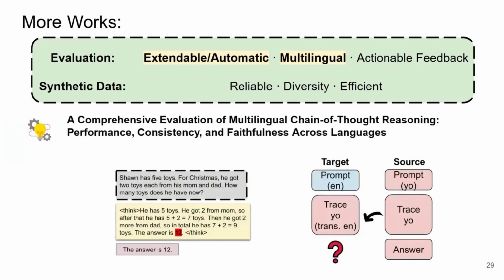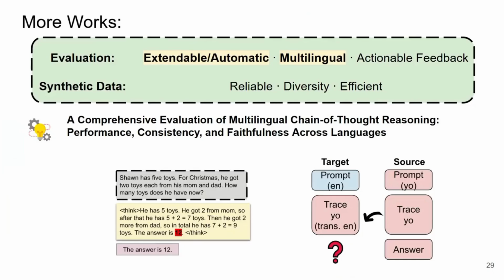And the paper is titled "A Comprehensive Evaluation of Multilingual Chain of Thought Reasoning Performance, Consistency, and Faithfulness Across Languages." In this paper, I investigated the large language model's multilingual reasoning abilities. I compare the performance on the same question in different languages to see if they have different accuracy.